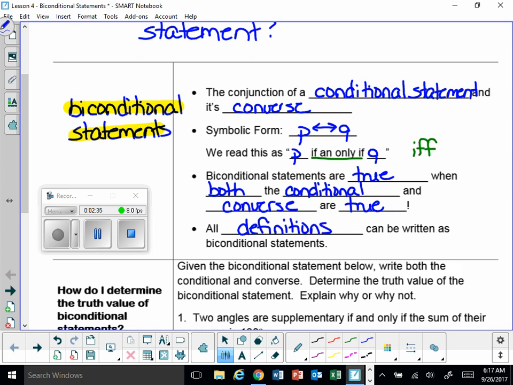This is really powerful. It allows us to go both forwards and backwards as we work our way through proofs later in this unit. We're going to determine the truth value of some biconditional statements.